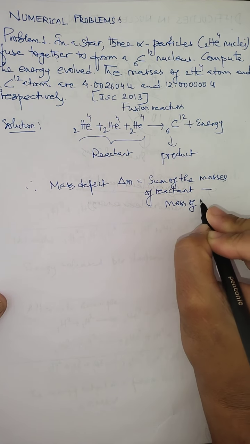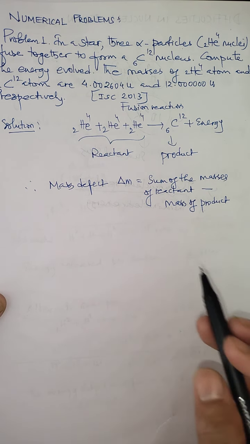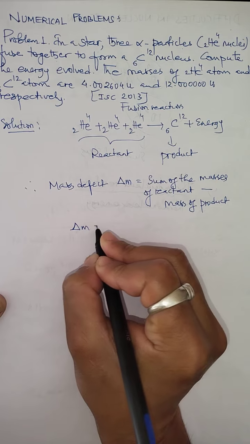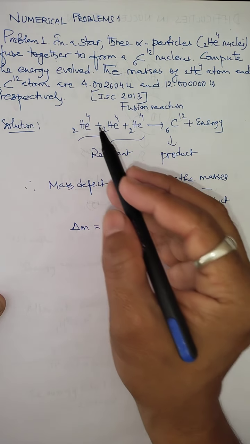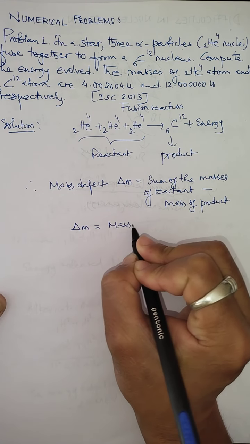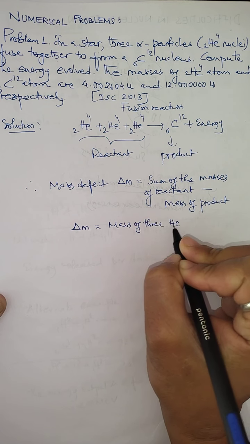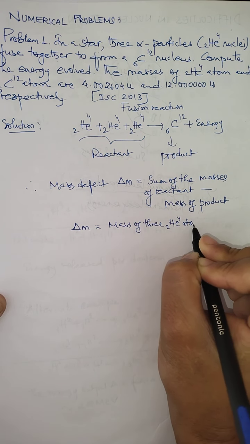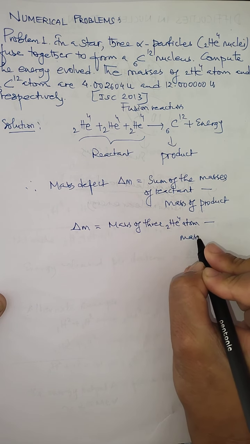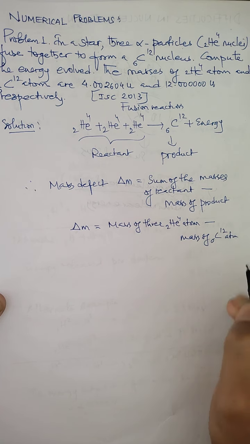The sum of the masses of reactants means the mass of 3 He-2-4 atoms, minus the mass of product, which is the mass of the C-6-12 atom, because your product is carbon-12.